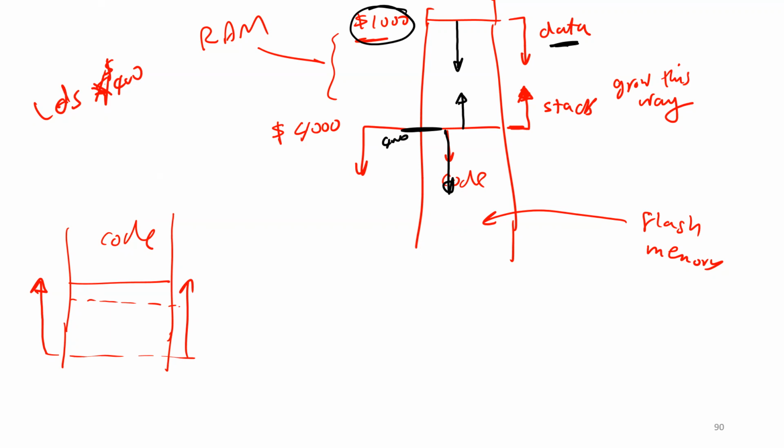For example, if I write too much data here, and then I write to the stack, the hardware doesn't understand. The hardware is going to do whatever you tell it to do. When there is overlap, you are going to overwrite your variables and arrays, which makes a mess and crashes your program.